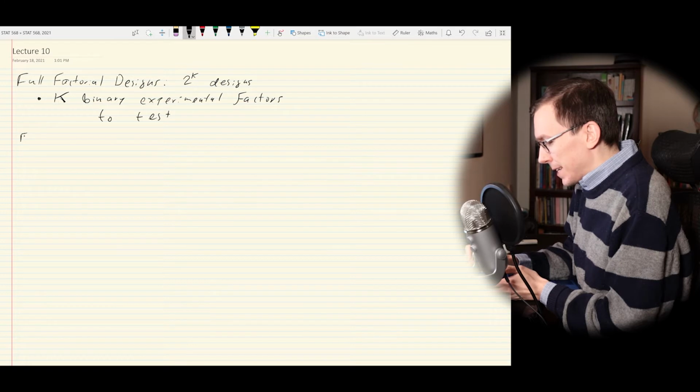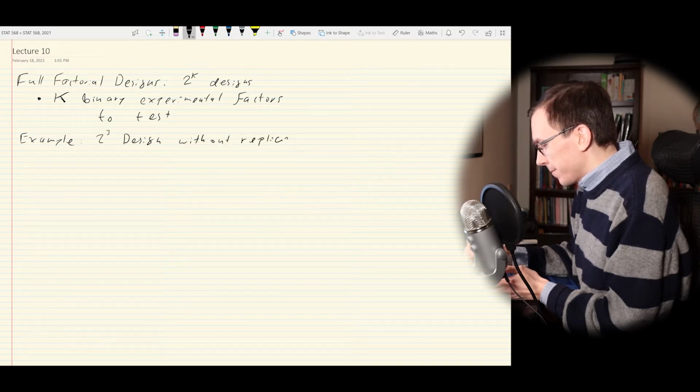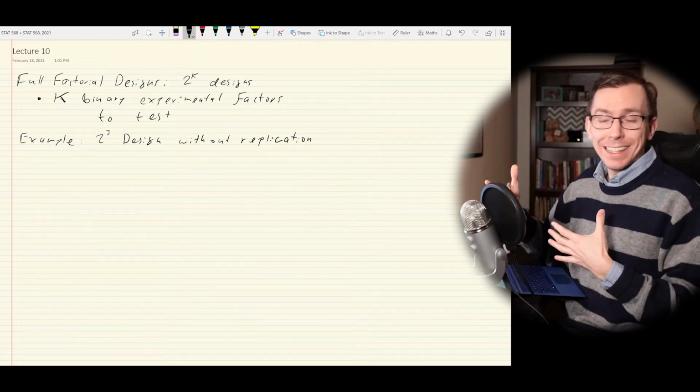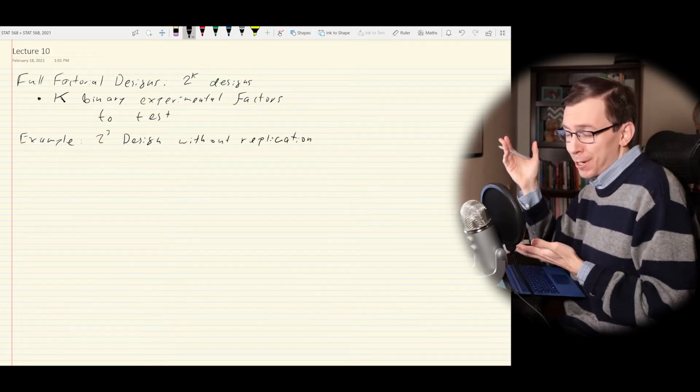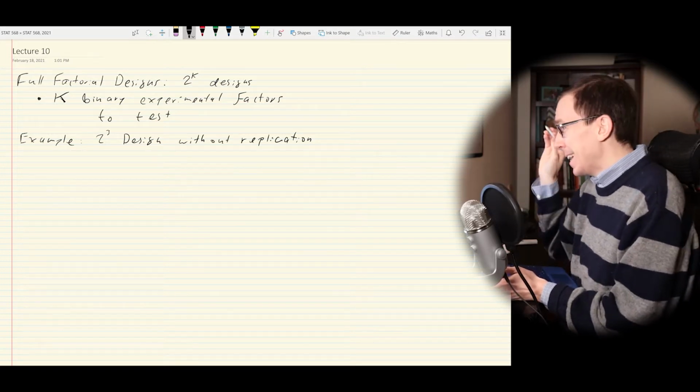Hopefully when we go through this, I'll try to be a little bit careful with the terminology so we can get this right. Now, the first thing I want to do is just show you what you might have. So, let's do an example, which is going to be a 2 to the 3 design. And we're typically going to assume there's no replications, without replication. Now, you can, of course, replicate these things, especially if a 2 to the 3 would only require 8 observations, because 2 times 2 times 2.